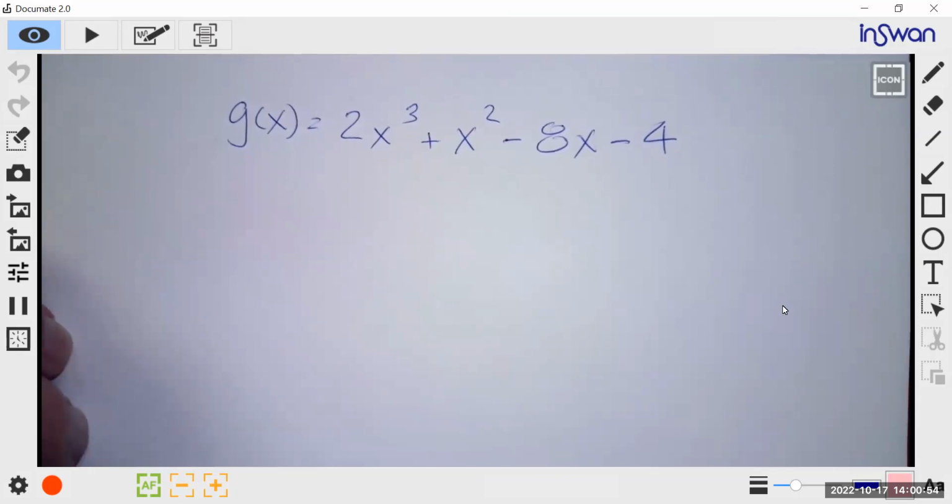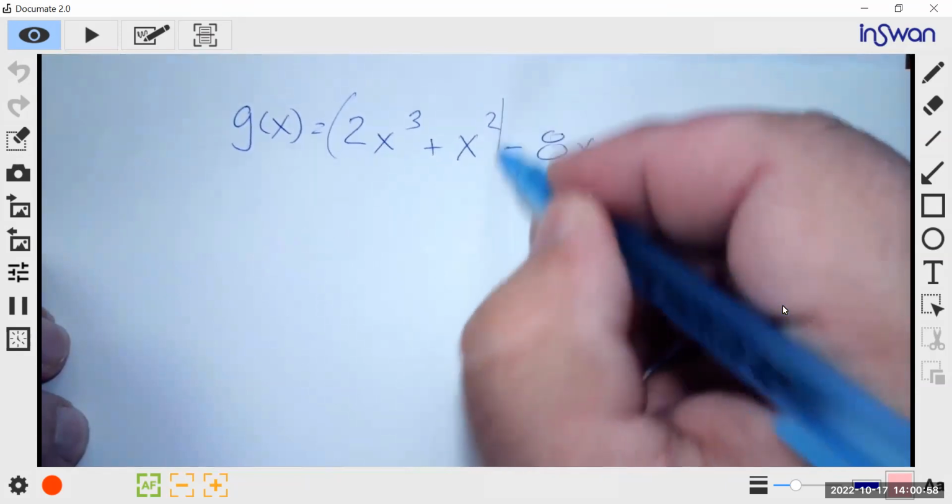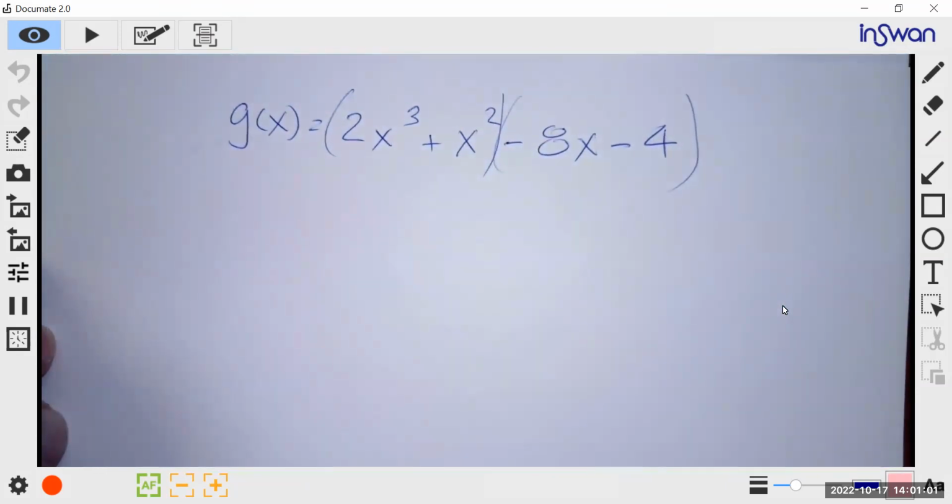What method are you going to use here? Grouping. If grouping doesn't work at this stage, then we can't do it.